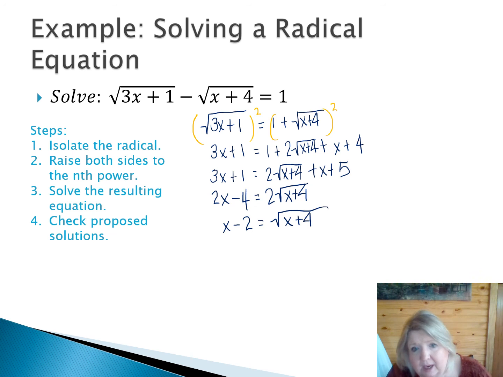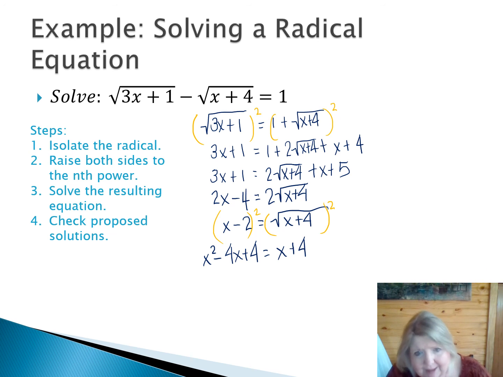Now, again, I'm ready for my second time through squaring both sides. And again, I'm going to use my formula. x squared minus 2 times x is 2x, double it, that's 4x, plus 2 squared is 4. And my radicand is x plus 4.